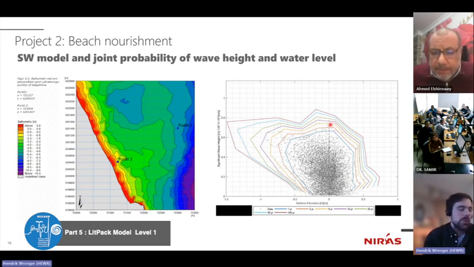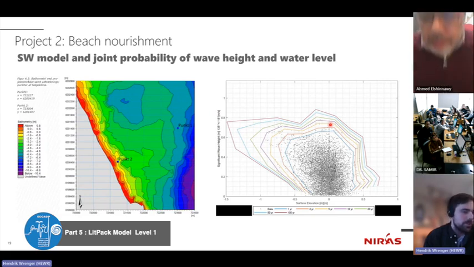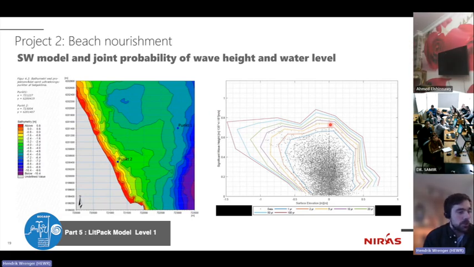Usually there's a positive correlation between large wave heights and large water level, because usually you have storm surges that correlate together with large wave events, but that's not always the case. You can, in some areas of the world, have independent water level setups that are driven by other effects, seasonal variations, whatever.